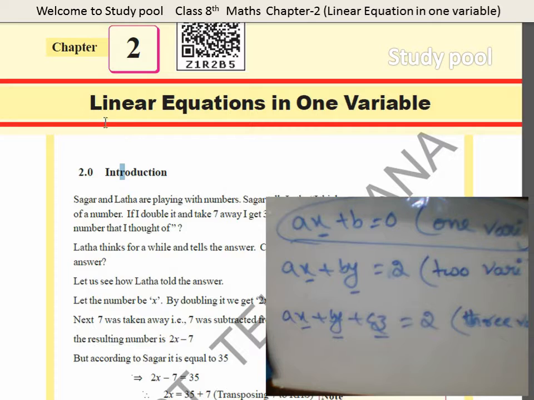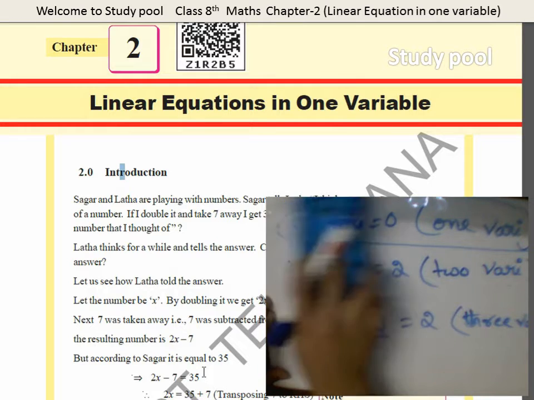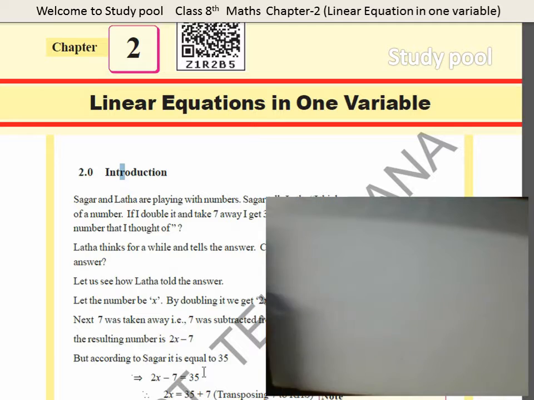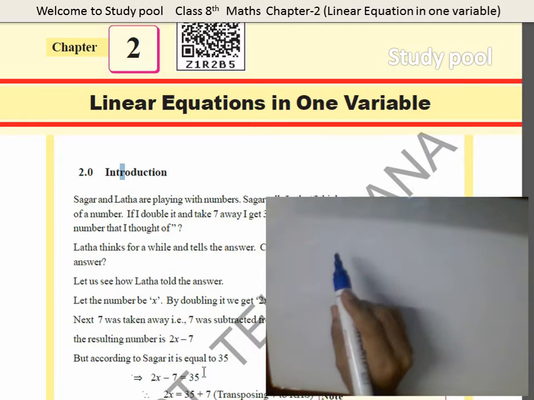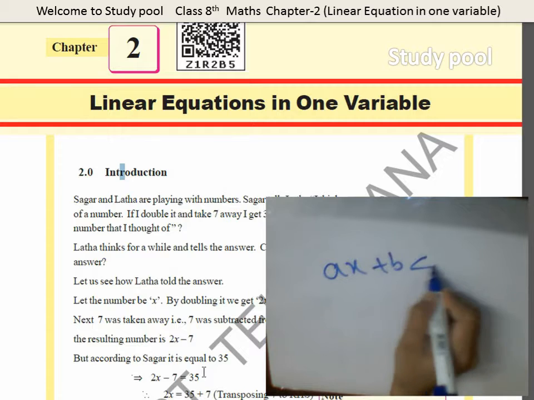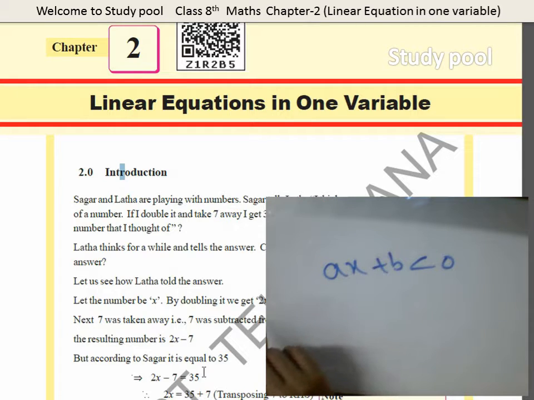Now what is the meaning of linear equation? First you should know what an equation is. Whenever an expression has an equal to sign, only then we call it an equation. Suppose I take ax plus b is less than 0, can we call this an equation?